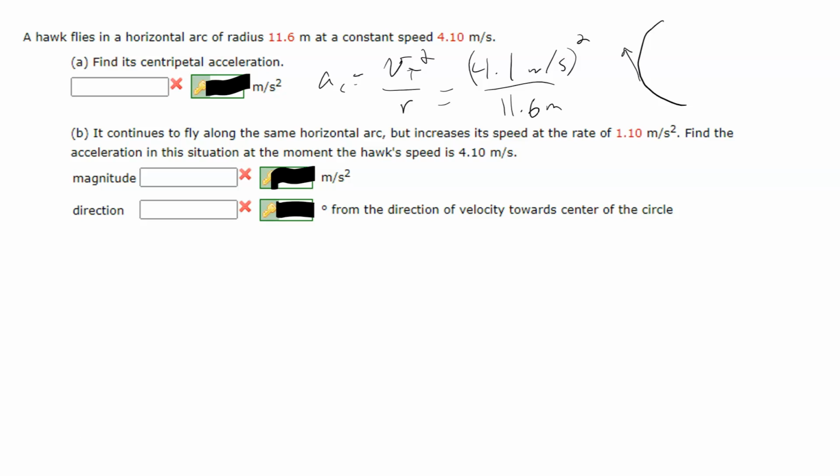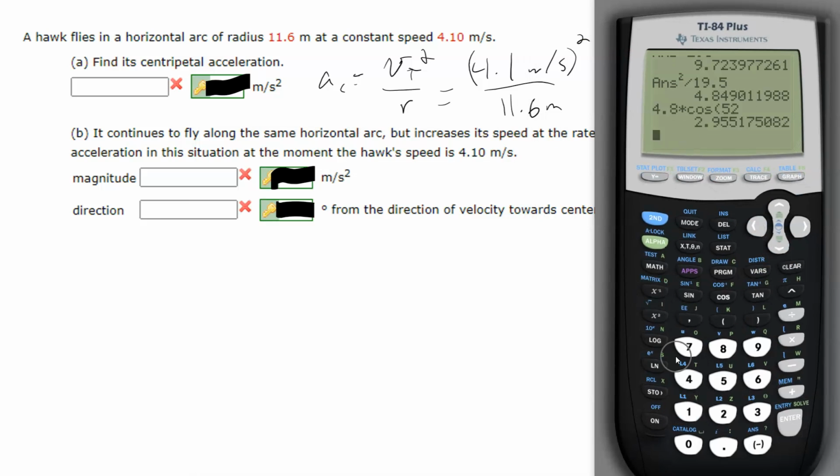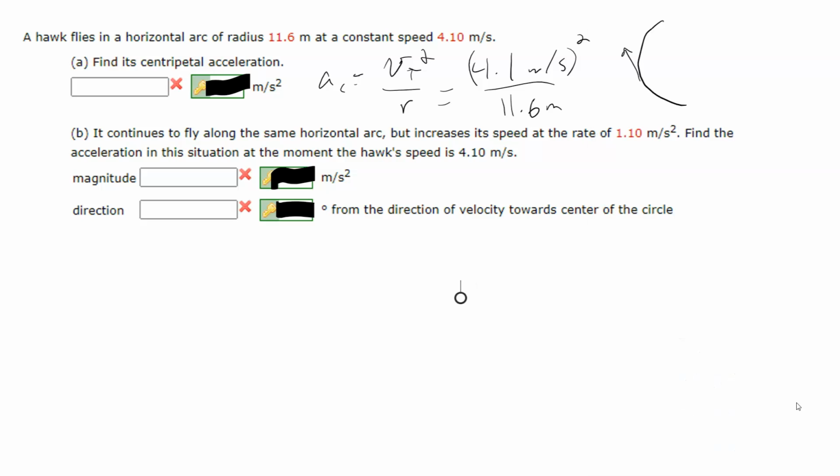So for this question, we get here 4.1 squared divided by 11.6, and we get that the answer is 1.45 meters per second squared, which is below the gravitational acceleration.